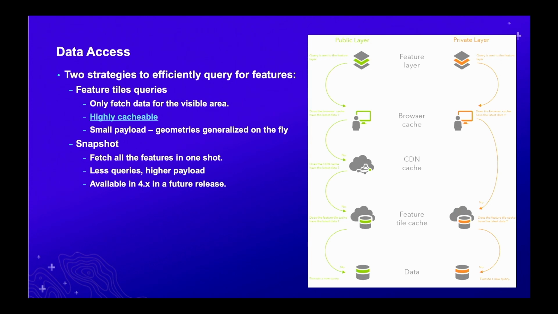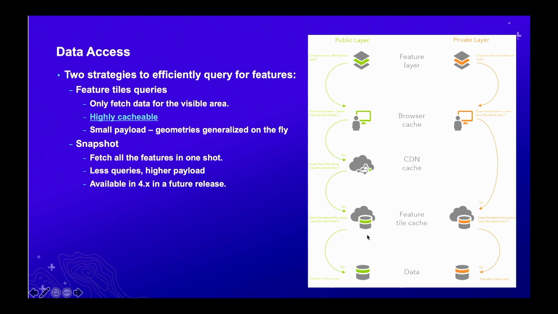Then we have the CDN cache. Because those queries are always the same across all the devices, across all the users, these tiles can be cached on the content delivery network to be available fast for a lot of people. And then if your item is not public, since the CDN is only if your data is public, the server has a feature tile cache directly in the server.